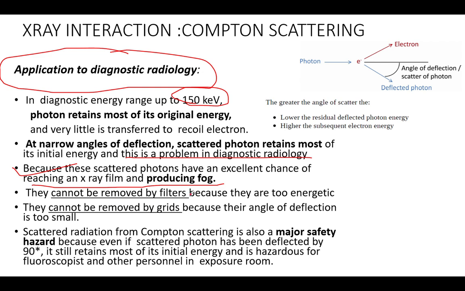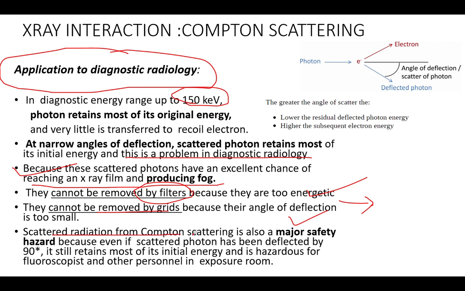They cannot be removed by filters because they are too energetic, and they cannot be removed by a grid because their angle of deflection is too small. So a very high ratio grid is used, which ultimately increases the patient radiation dose.